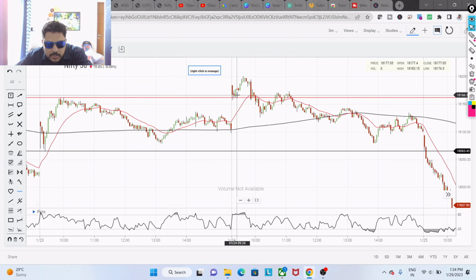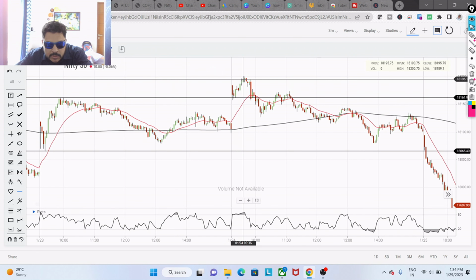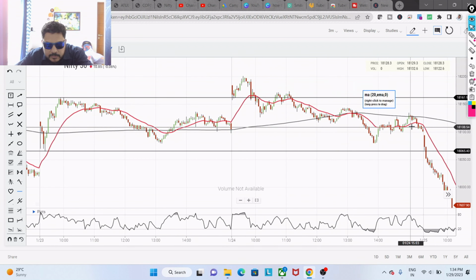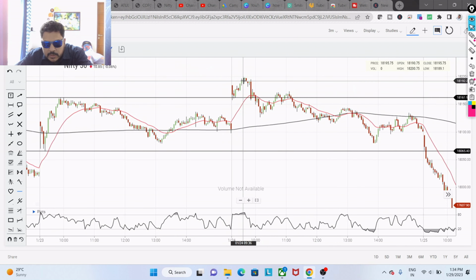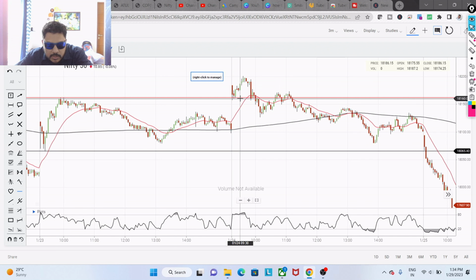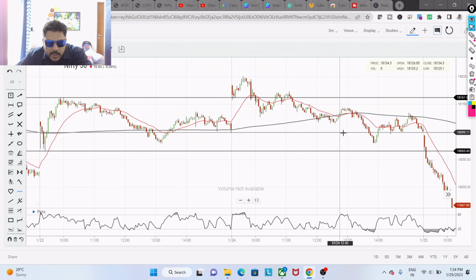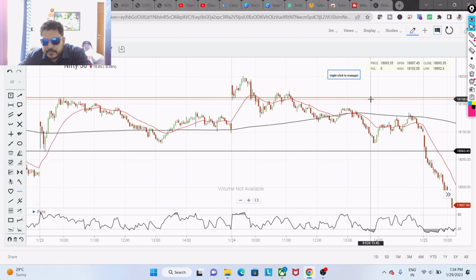You could have easily made 1:2 in this, and from there it broke and came back into the range of the day. Nothing happened majorly. If you had taken long with this stop loss, your stop loss would have been hit this day, and it went into the range here.